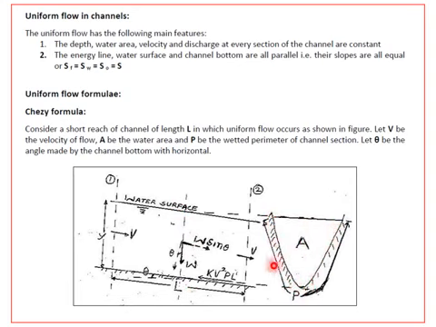It can be a rectangular, circular or trapezoidal channel, so that's why a general shape is taken. Theta is the angle made by the channel bottom with respect to the horizontal. This is the representative sketch showing uniform flow to derive the uniform flow formulae.